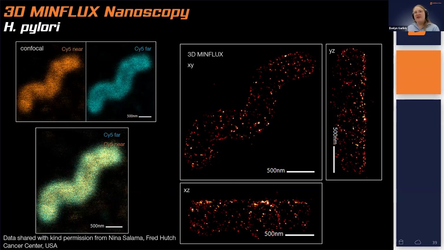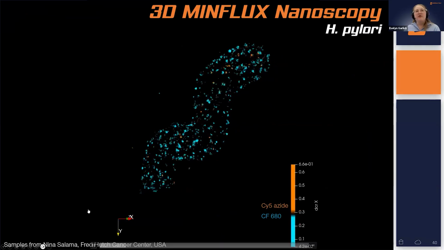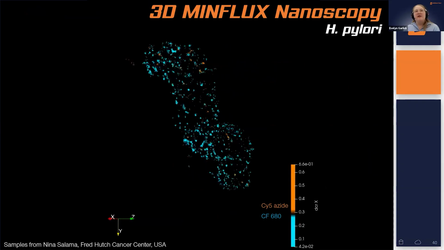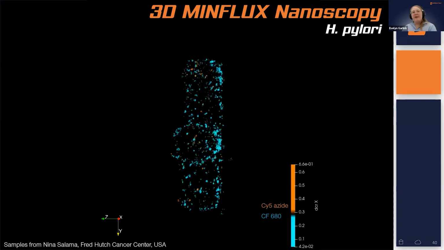We get this lovely spiral shape. This was a pulse chase experiment, so it was majority in our Flux 680 with a few different specks of our Cy5, our 640 molecule. So you can see the full structure in 3D.